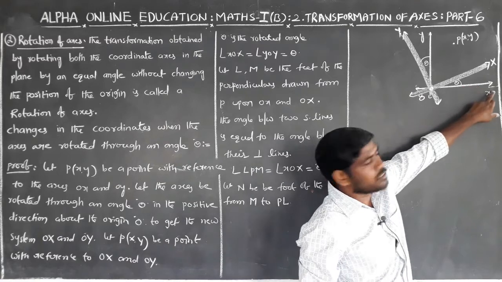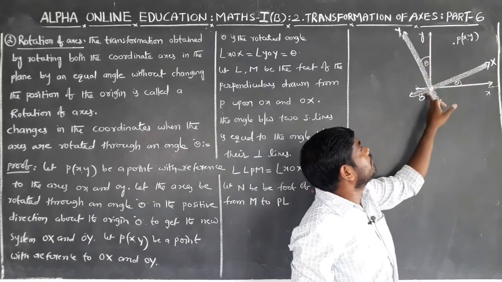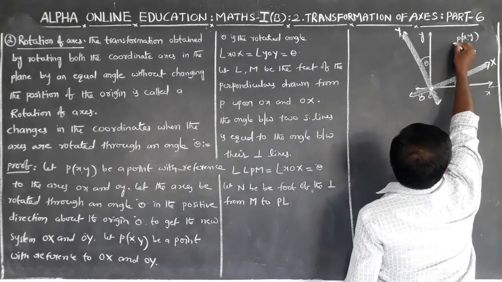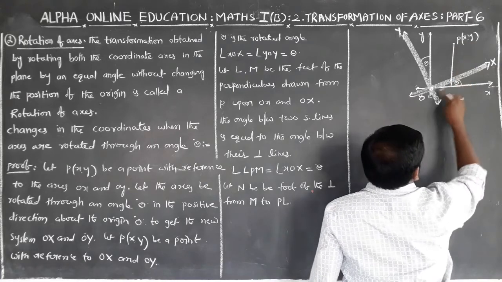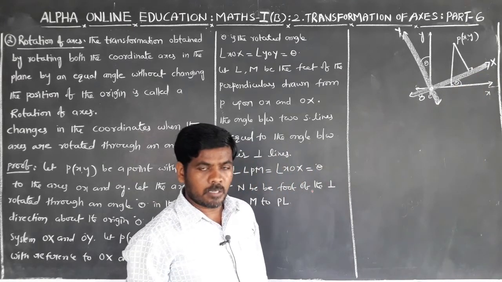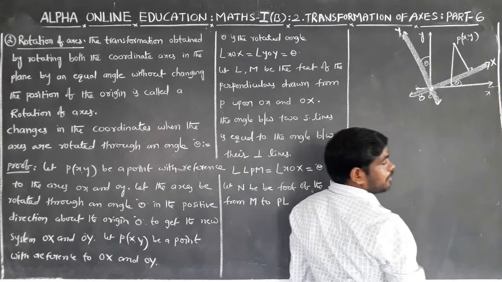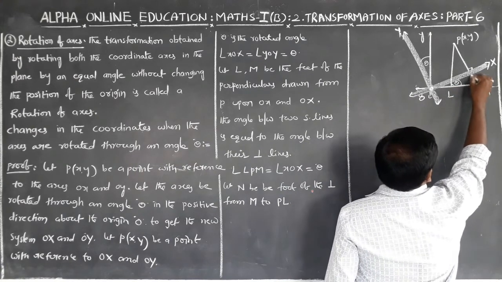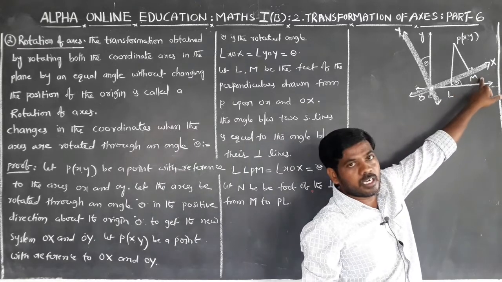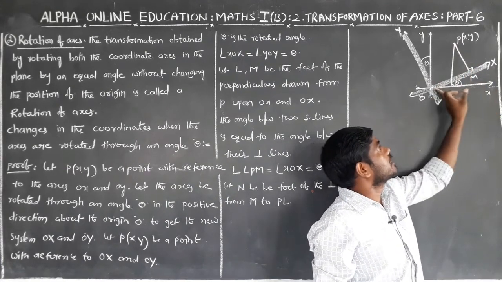Write down the feet of the perpendiculars drawn from P to O small x and O capital X. Here L, M are the feet of the perpendiculars drawn from P to O small x and O capital X.